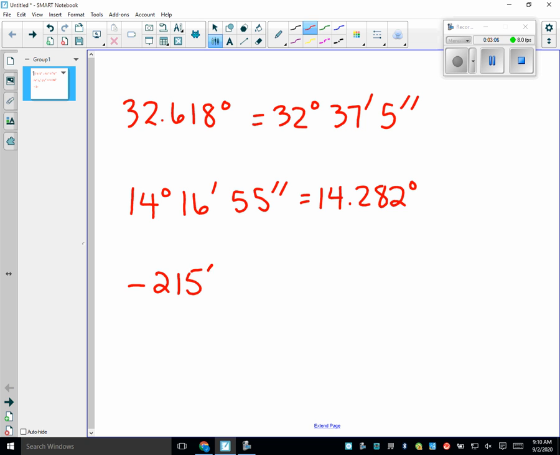Convert this to radians. And it says, do not round. You know what that means? Don't round. That means you leave pi in the answer.